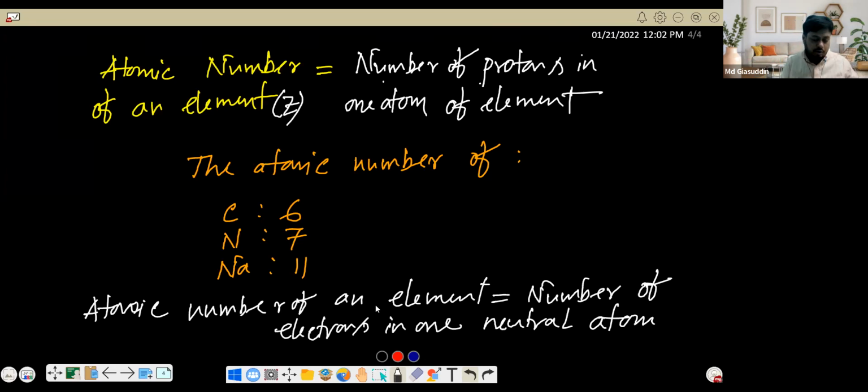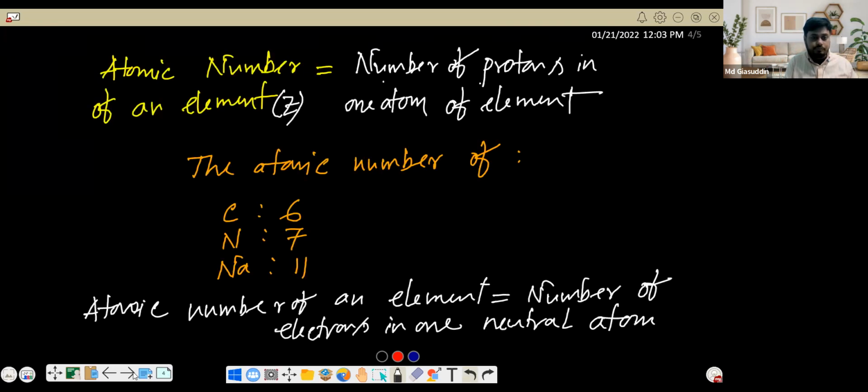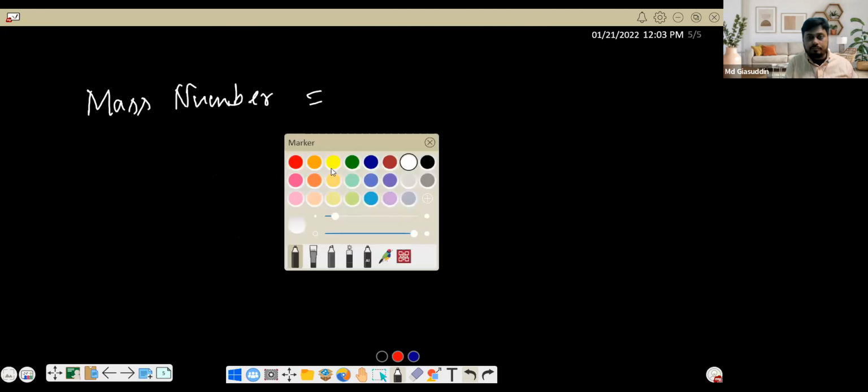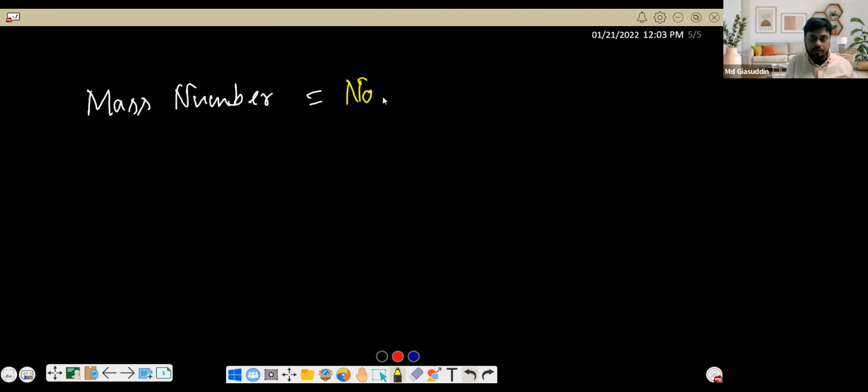So the last one. We came to know that the atomic number is also denoted as Z. So what is the mass number? The mass number of a neutral atom is nothing but the number of protons plus the number of neutrons.